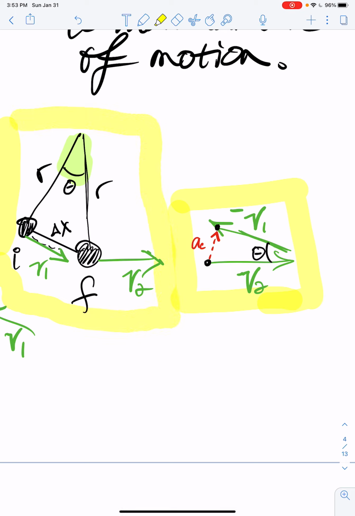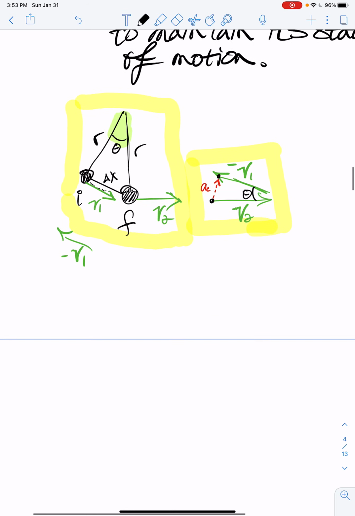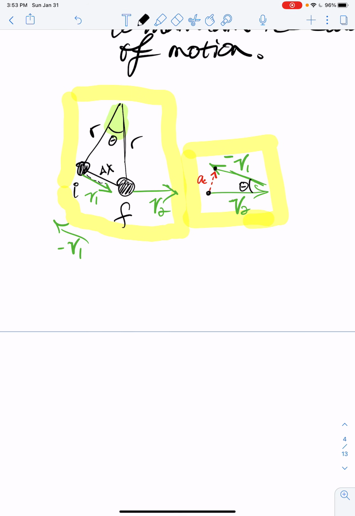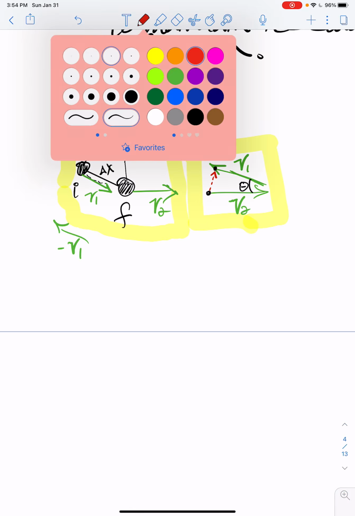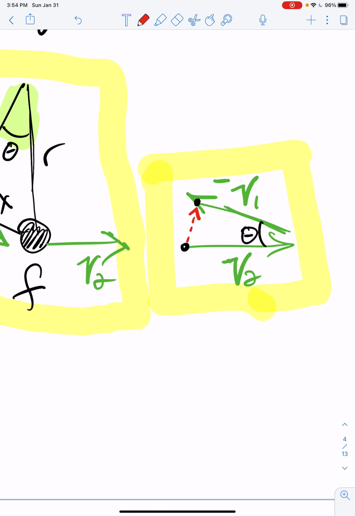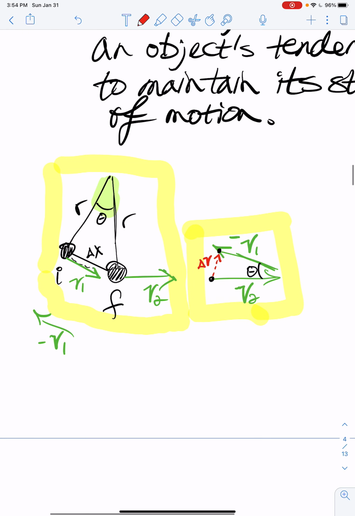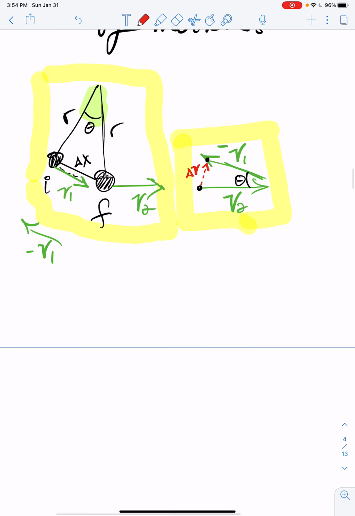Because of that, we can set up a ratio. I'm going to call this delta v. I'm not even going to call it acceleration, I'm going to call it delta v. And what we can say is that delta v is similar to delta x, right? And I can write that like this.